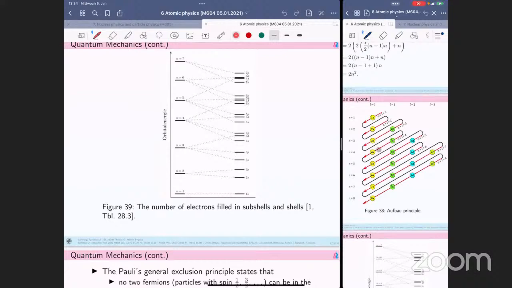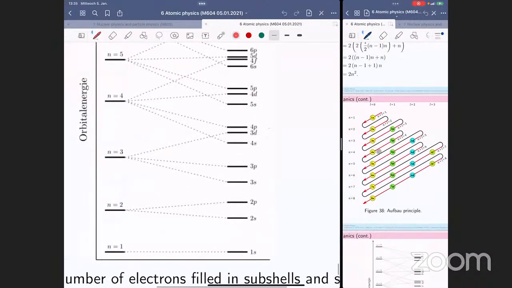3p and then 4s. So there we reach 4s, and after 4s we go to 3d, right here. After 3d we arrive at 4p. So here is 4p.